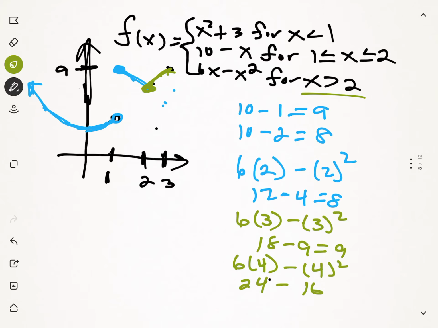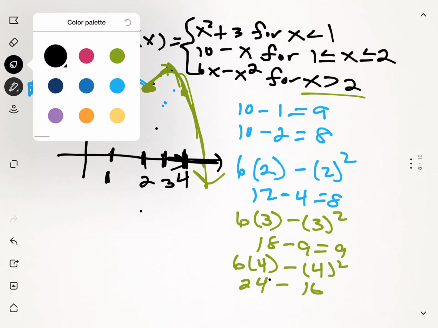I get 8. So I'm back down here again. So you could tell what the graph is going to do. It's going to do this. And that's our figure.